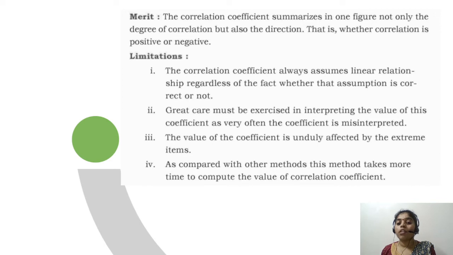Next, the value of the coefficient is unduly affected by extreme values. Also, as compared with other methods, this method takes more time to compute the value of the correlation coefficient. That means using this formula it will take more time to find the coefficient of correlation.